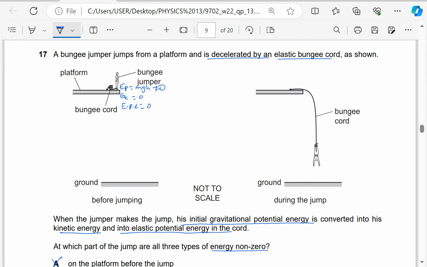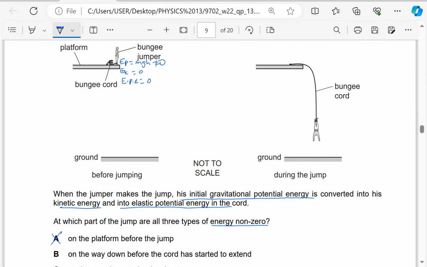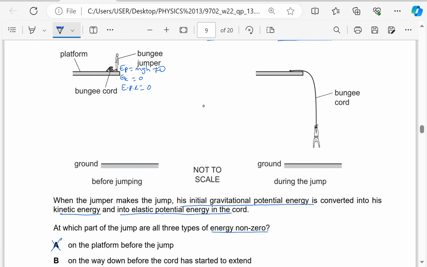So when is... let's consider when he has reached the bottom of the ground. So here elastic potential energy goes to 0 when it reaches here. Kinetic energy becomes maximum, and the kinetic energy decreases when the elastic potential energy starts increasing. So elastic potential energy is maximum when it reaches the ground. But kinetic energy is somewhere in between there.